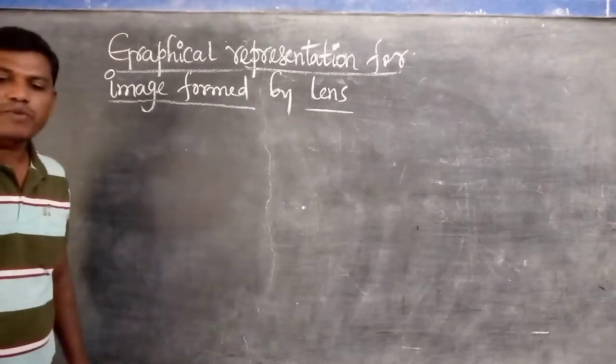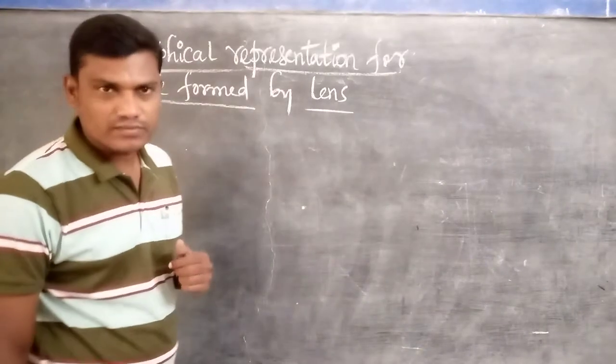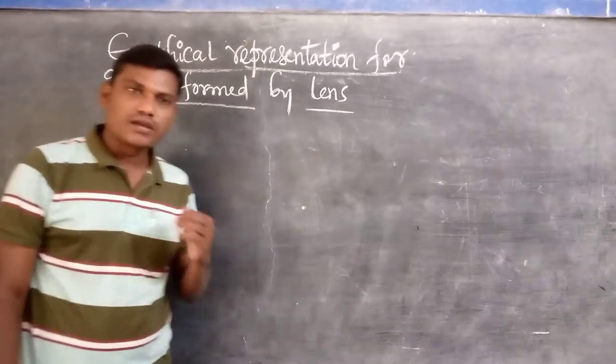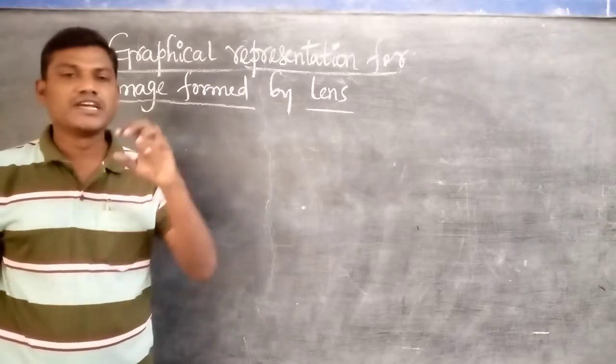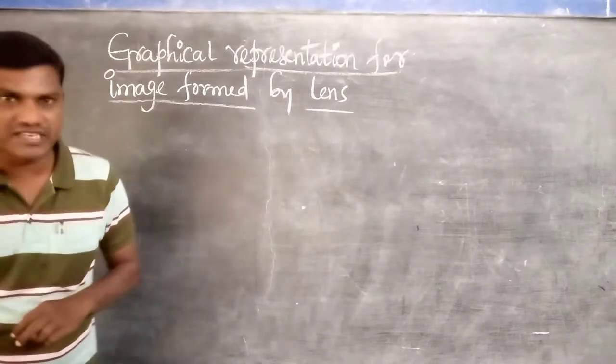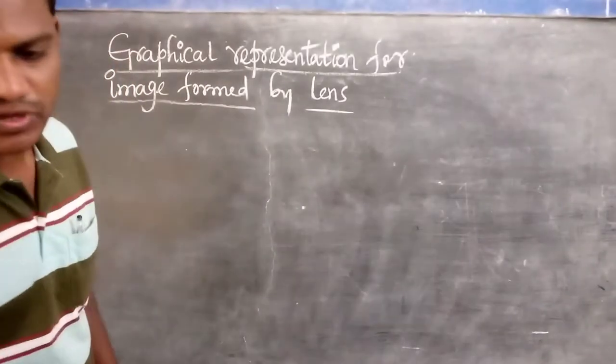In this part video, we are mainly discussing convex lenses. In convex lenses, there are 5 types of graphical representations that we discuss this time.